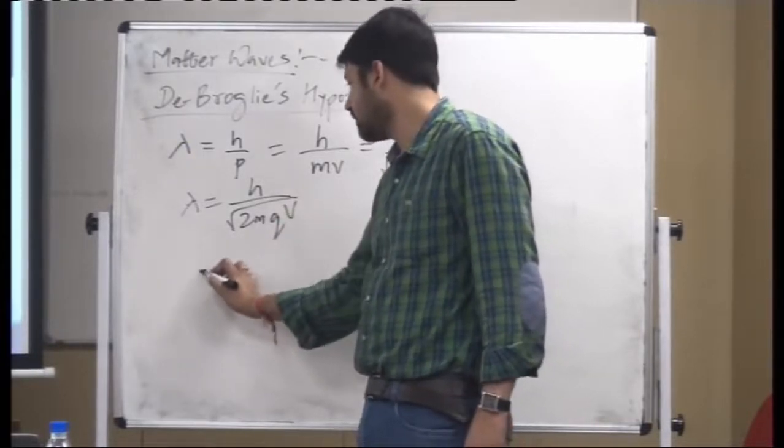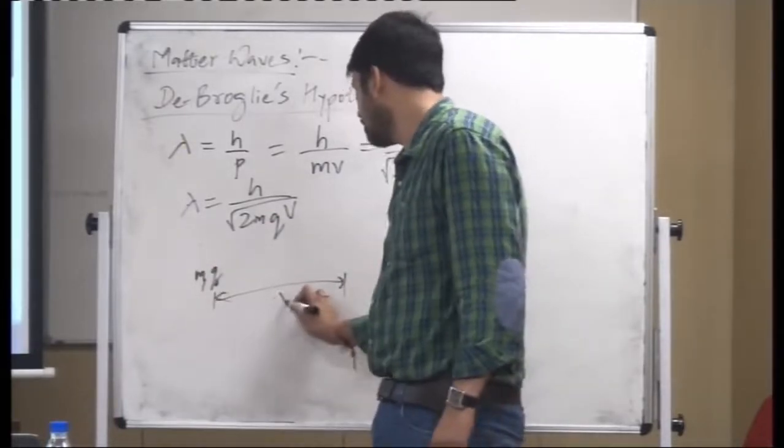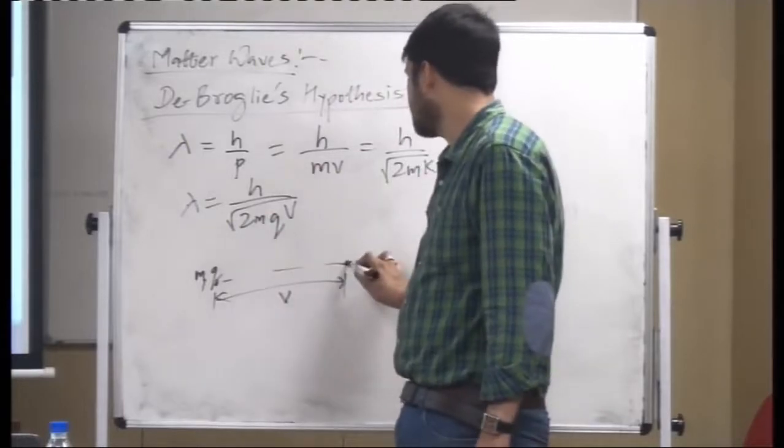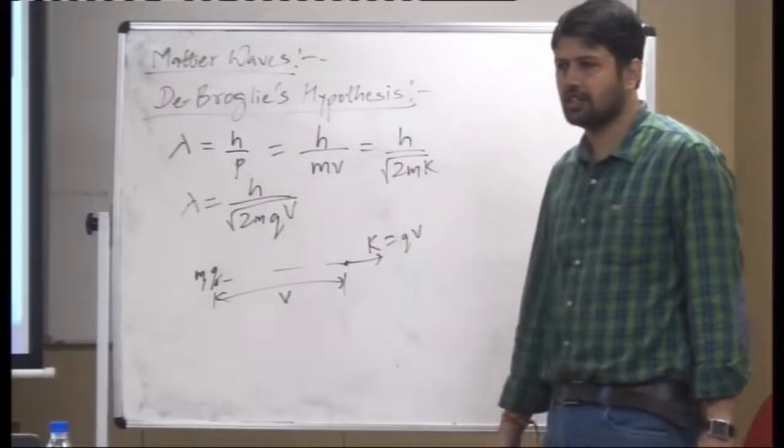Let's say this is the charged particle, mass m, charge q, accelerated through potential difference v. So here the kinetic energy is actually qV. Kinetic energy is equal to work done, right?